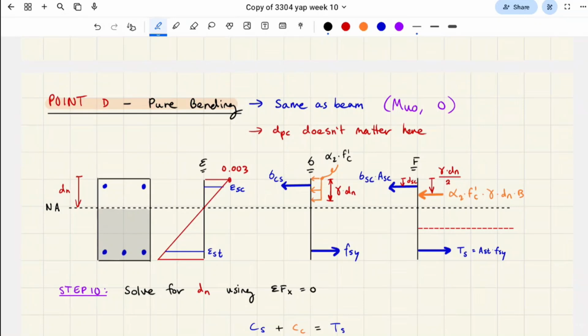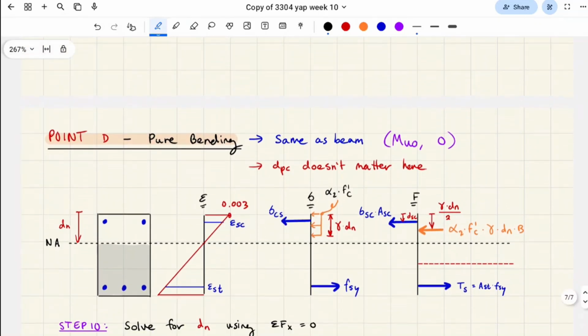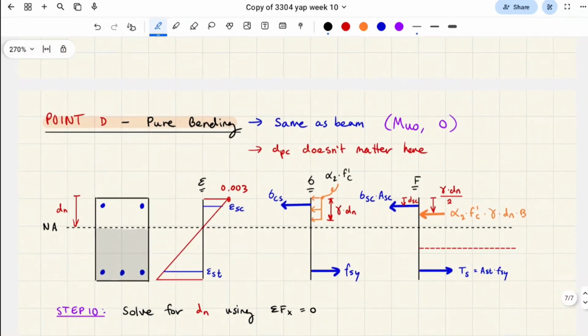All right, Wilson, do you remember what the general steps are to solving flexural capacity in a beam? And this applies to columns as well. A what capacity? Ultimate moment capacity. I was solving for MUO. Is that the max moment?